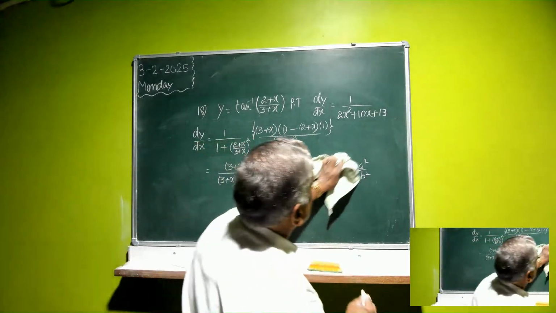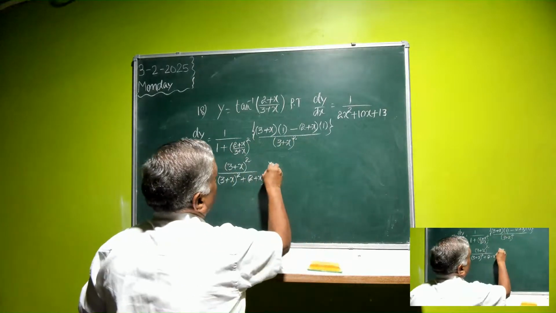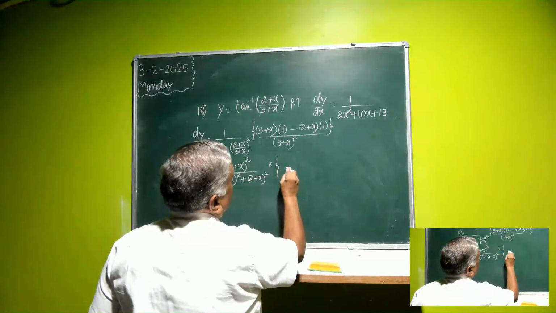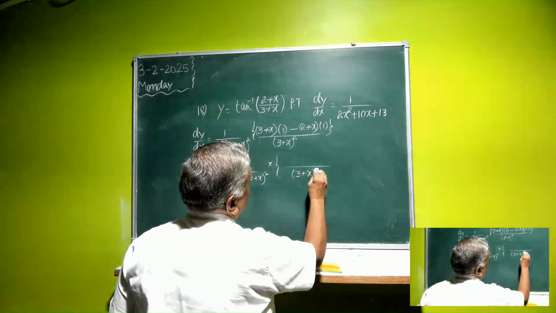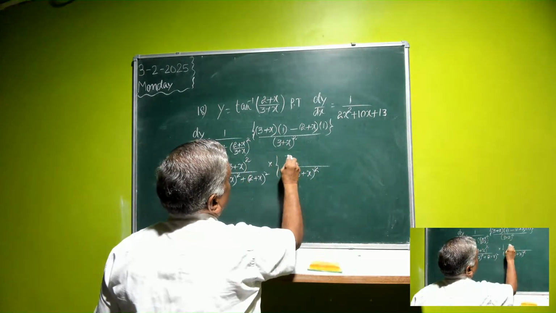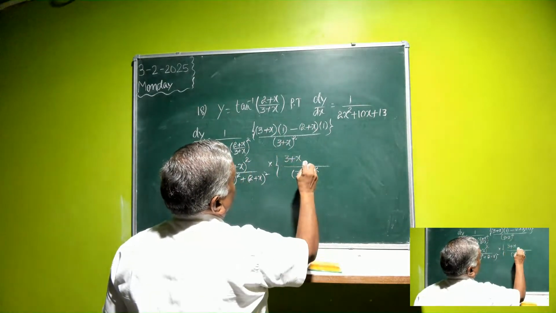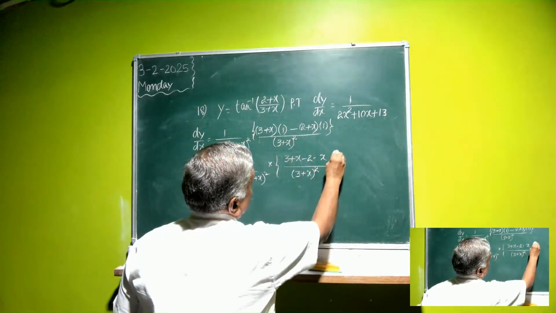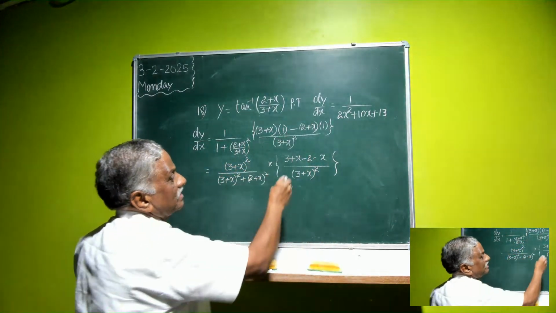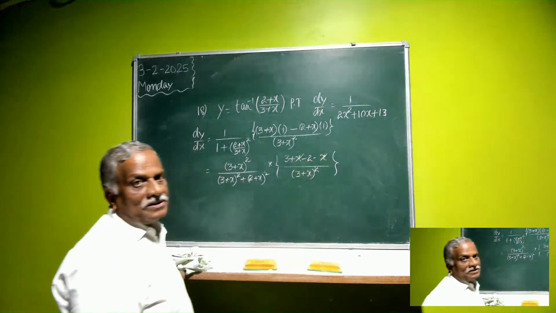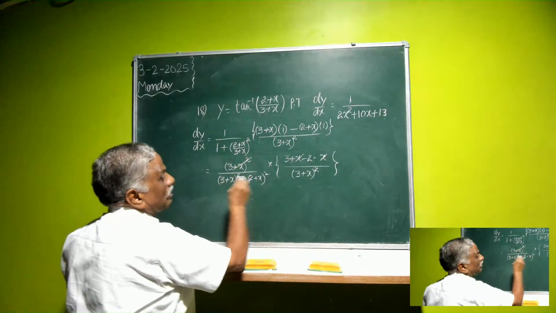And you have to simplify the other term also. The denominator is 3 plus x whole square. This is 3 plus x minus 2 minus x. In 3 plus x minus 2 minus x, x and x will cancel. You notice that 3 plus x whole square also cancels.